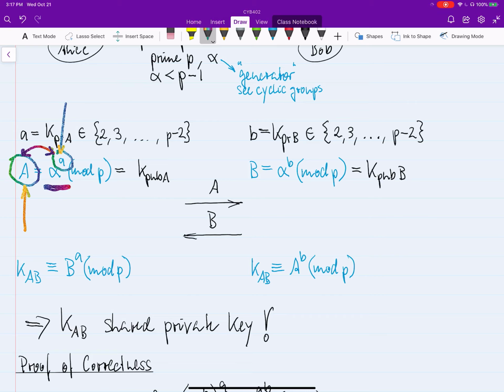And what does it mean as big as possible? It could be at the utmost as big as p minus 1, okay? And this is exactly what we are going to talk about in our discussion of finite groups and eventually cyclic groups.